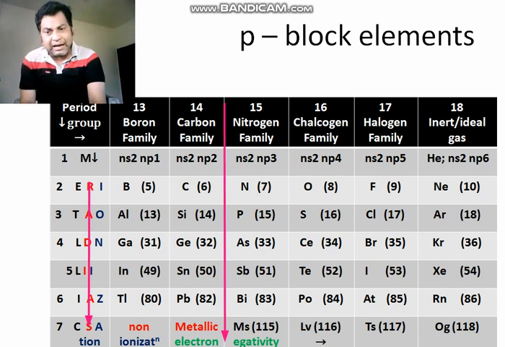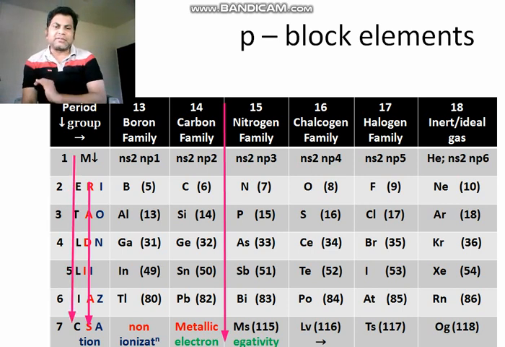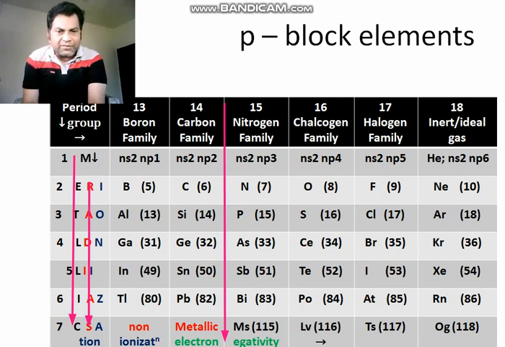Their metallic character also increases when we move top to bottom. So we can say nitrogen may be non-metal, but bismuth may be metal.